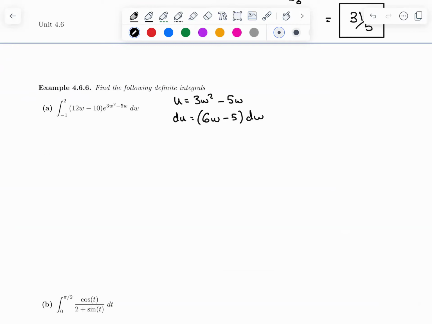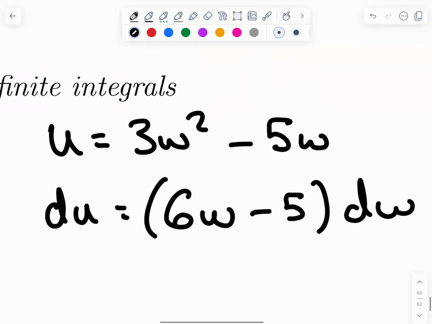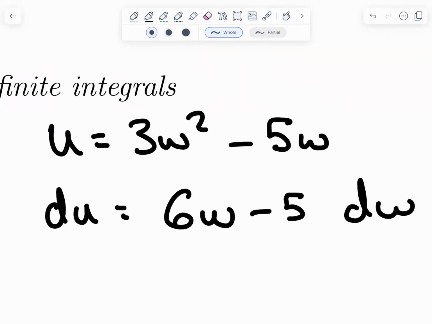Remember, the whole thing is multiplied by dw because of the intermediate step that's happening here. I know I've sounded like a broken record, but I don't want this to happen. I've seen it happen too many times where students don't put the parentheses, and then they think that the dw is only attached to the 5.